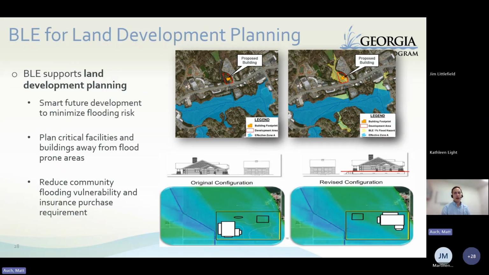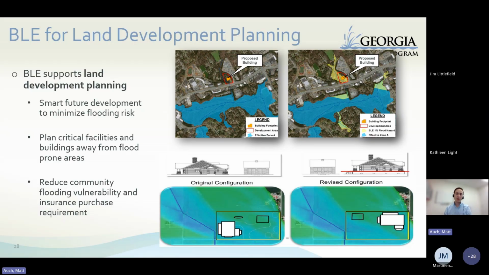Similarly, but at a smaller scale, you can use BLE for land development planning. So you can guide the developers and site engineers to help them make smarter decisions when it comes to planning out their site and to reduce the flood risk to any structures and generally just be a lot more economical with the designs.